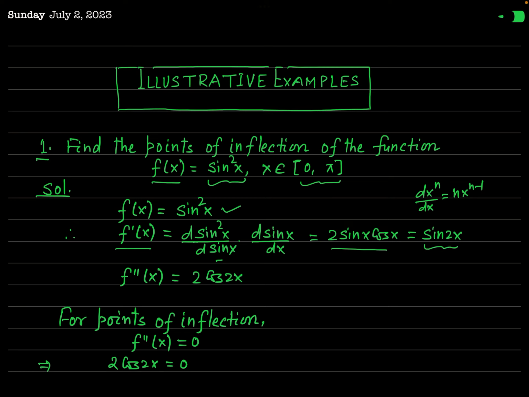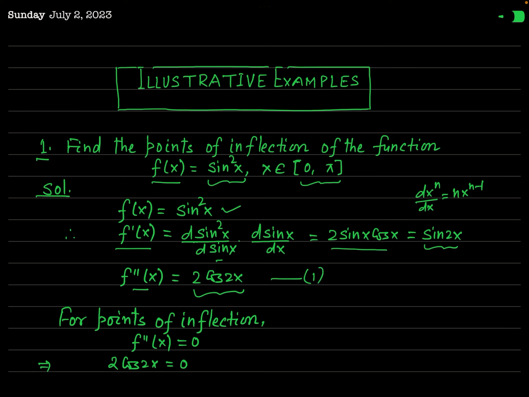So f dash of x is sine 2x. Now find the second order derivative. The derivative of sine 2x will be 2 cos 2x. So we have obtained that f double dash of x is equal to 2 cos 2x.